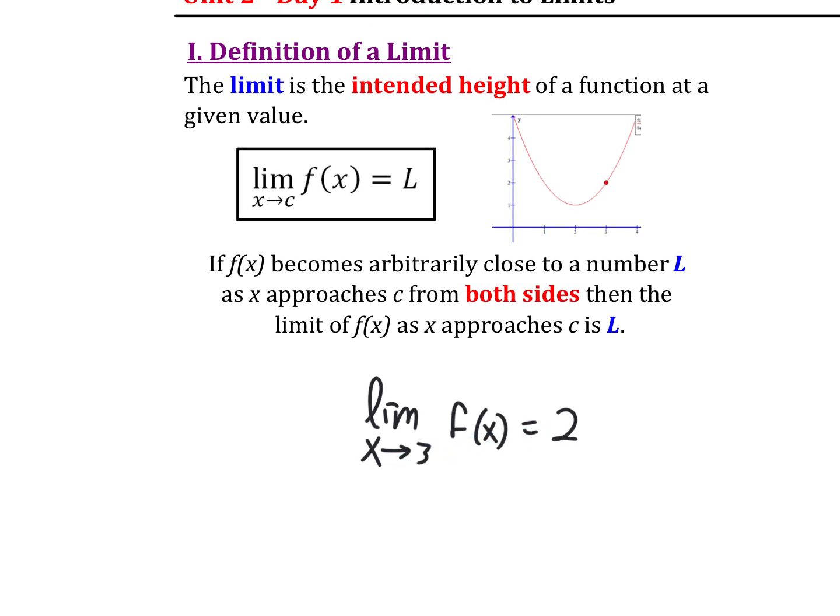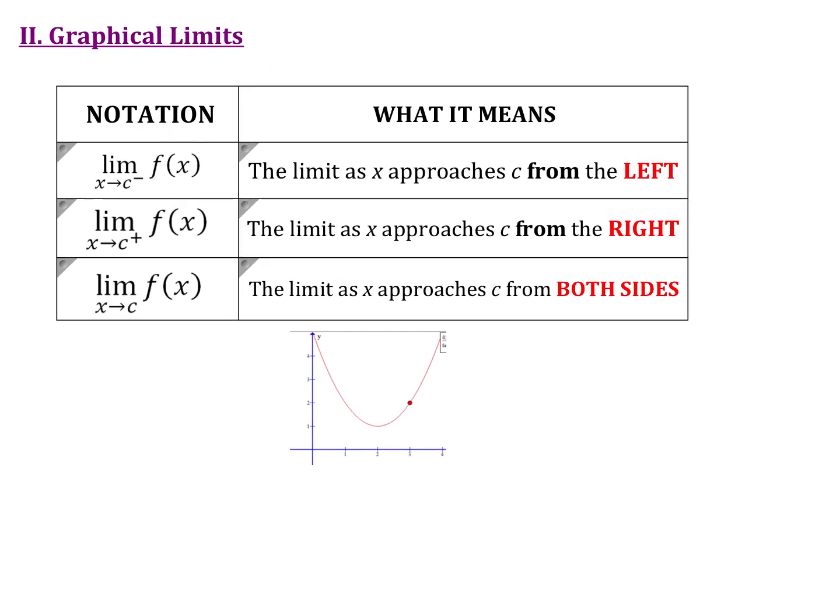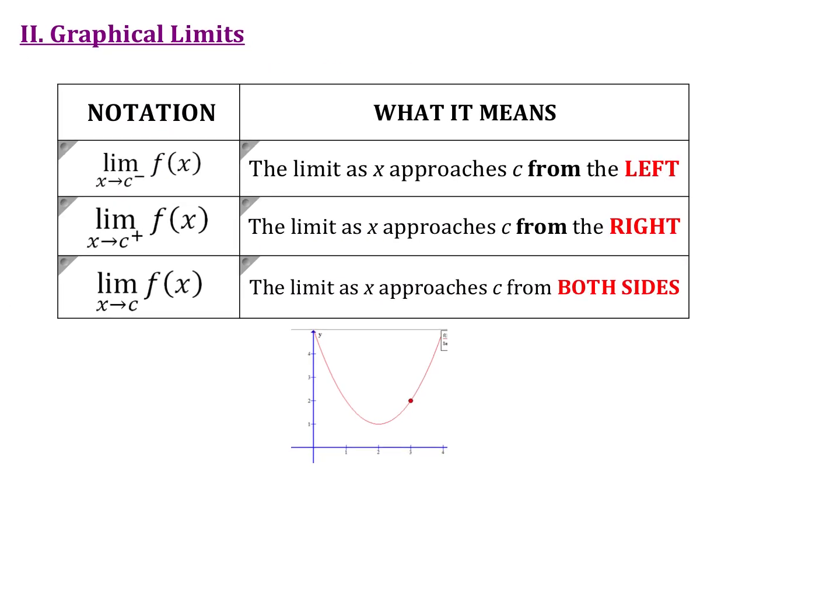Okay. Now, we can also say, what if you're coming at it from different sides? In this function, it's not a huge deal, but with piecewise functions, it will be. We indicate the left side notation with a little minus sign. You're approaching a limit from a negative direction, so from the left. If there's a plus sign, you are approaching a limit from the right side.